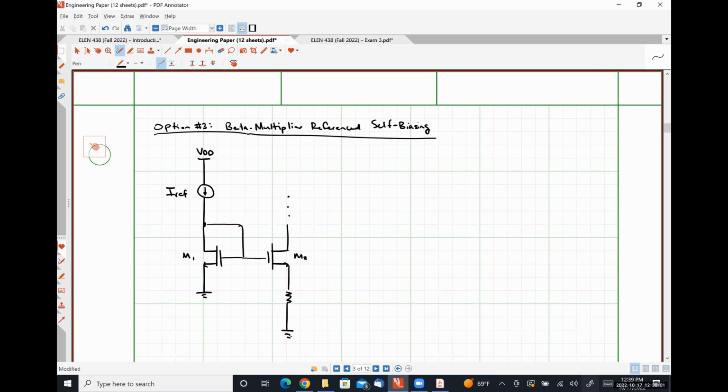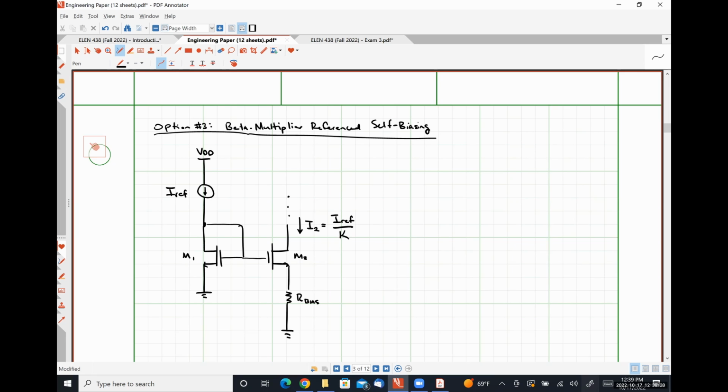But instead of having a simple current mirror, we degenerate the source of transistor M2 with some biasing resistor, and then our current flowing through transistor M2 is going to be equal to IREF over some arbitrary scaling factor K that is established by the size of the transistors that we used.